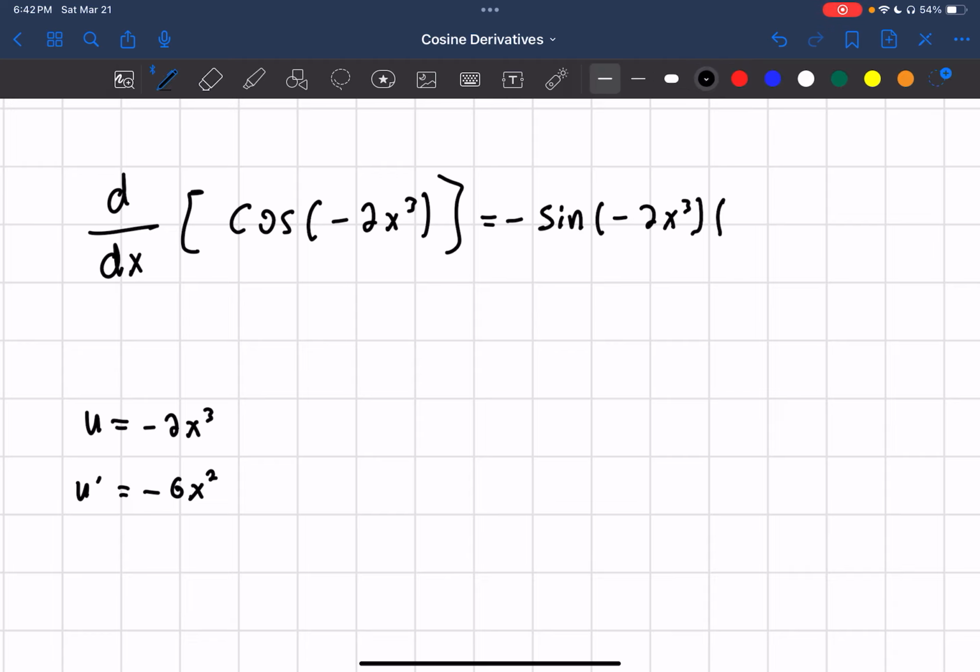So it will be minus 6x to the power of 2. And we see that the minus signs cancel out. So the final answer would be 6x to the power of 2 times sine of minus 2x to the power of 3. And this is our final answer.